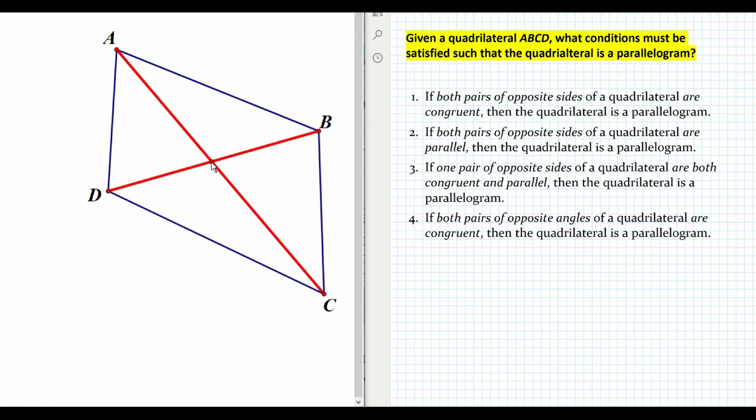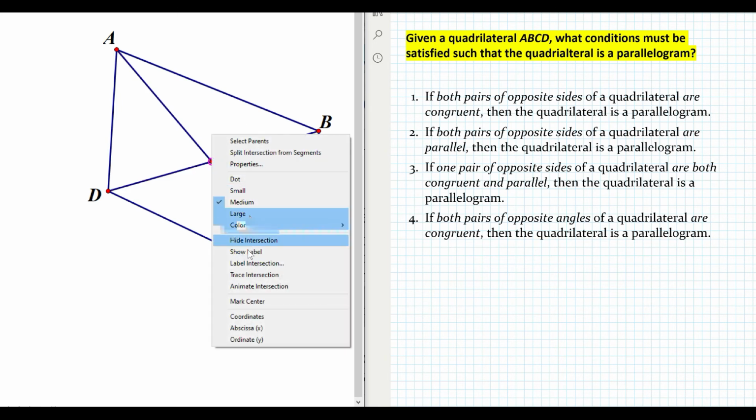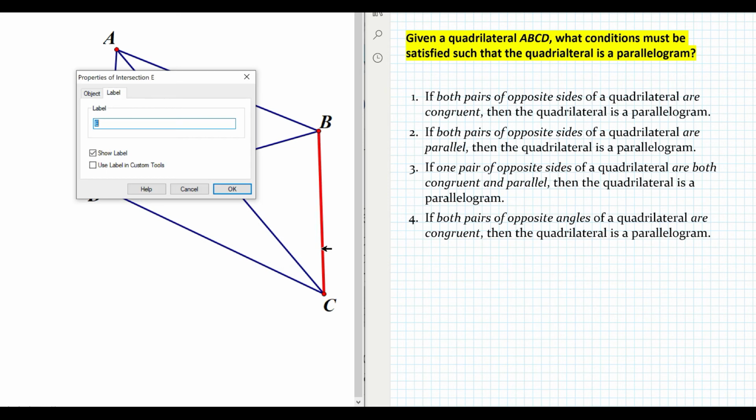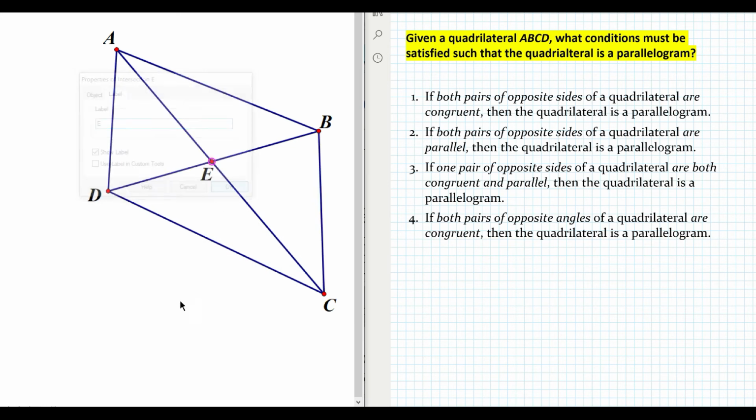As a matter of fact, if that's the point where they intersect, and let's call that point E, that's fine. So there's something to be said about segment AE, okay, and EC, okay? It turns out that they're going to be congruent, those two segments. And similarly, if you look at these two segments, DE and EB, they're also congruent.